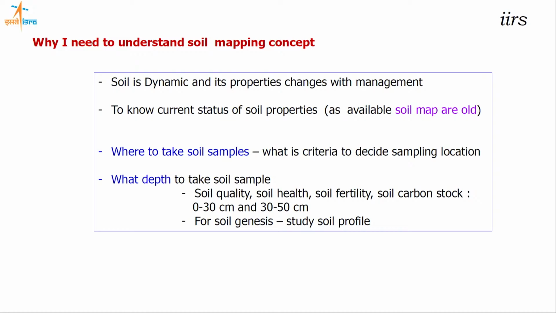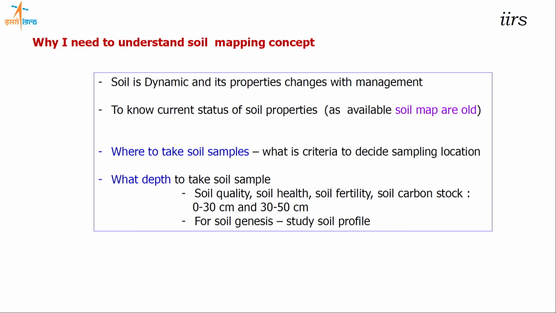If the map is 10 or more than 20 years old, then properties which are dynamic in nature, for example chemical properties of the soil, have changed with management. In that case we cannot use those soil maps for that information, or if we use them, they show old information.